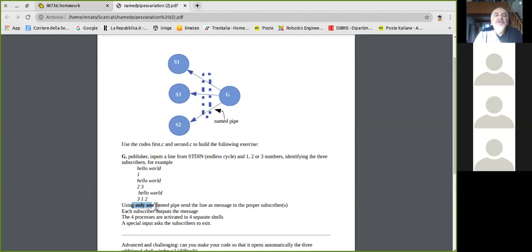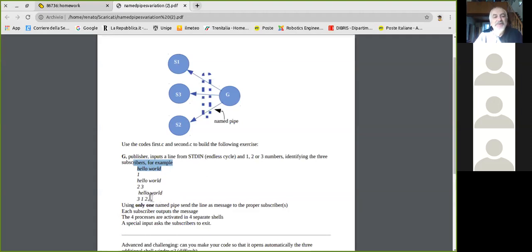G generates data interactively. So G communicates using the shell. You type a string and say send to 1, or send to 23, or send to 312. The order doesn't matter, of course.